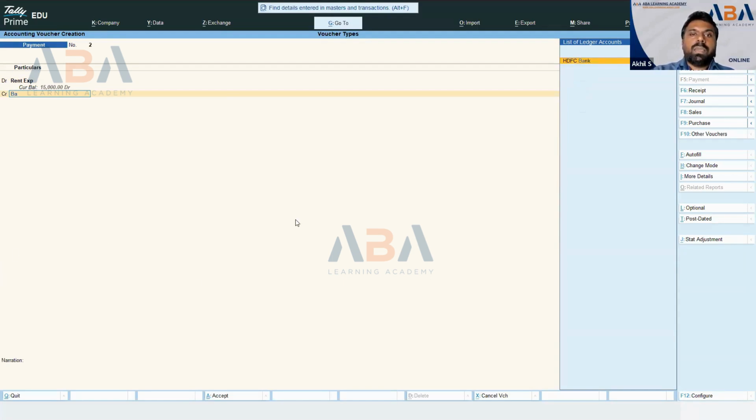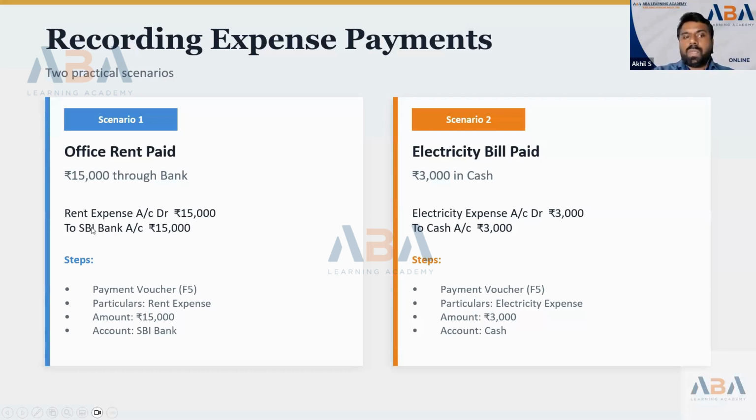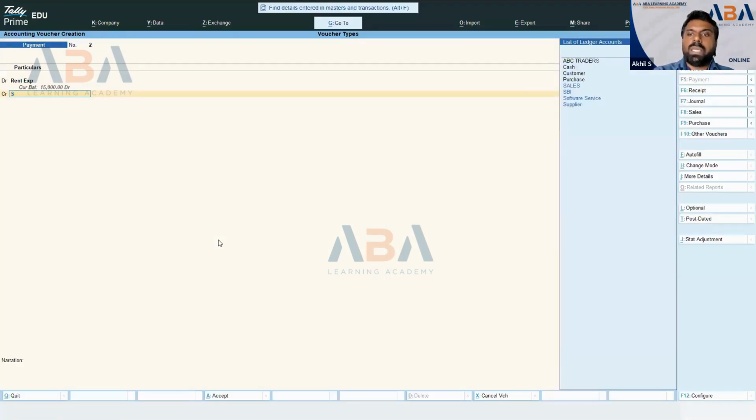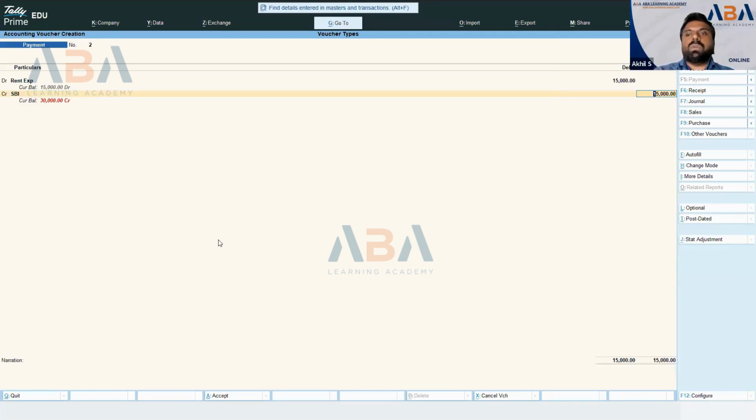It is showing SBI bank account, and SBI bank account is what is in the question, so we have to select SBI. So here I am selecting SBI and 15,000. This is the default method, the double entry method, where we are making payment using debit and credit.